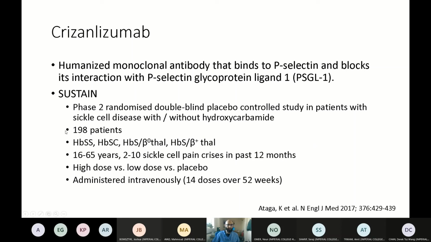This looked at 198 patients with all clinical phenotypes of sickle cell disease. They looked at 2 doses versus placebo, administered intravenously approximately every 4 weeks, so 14 doses received over 52 weeks.